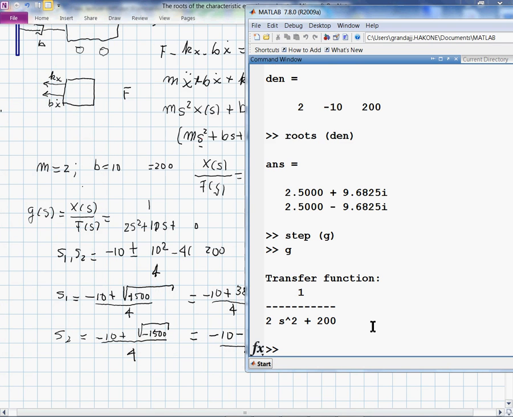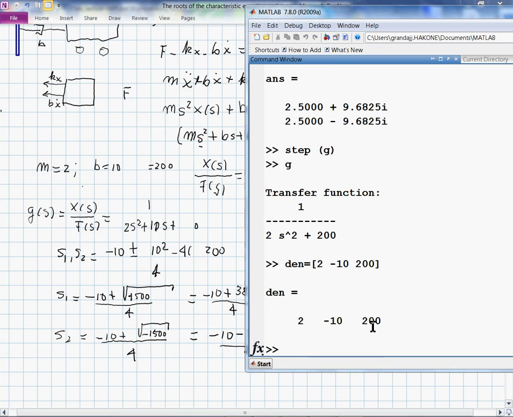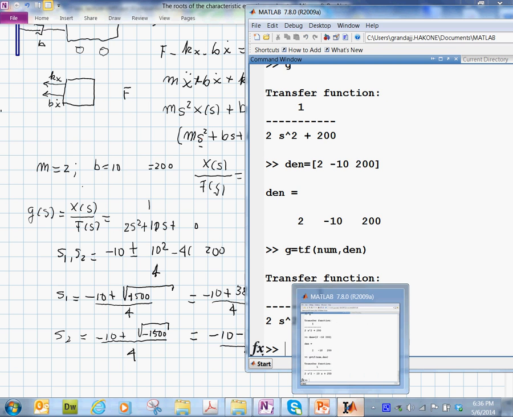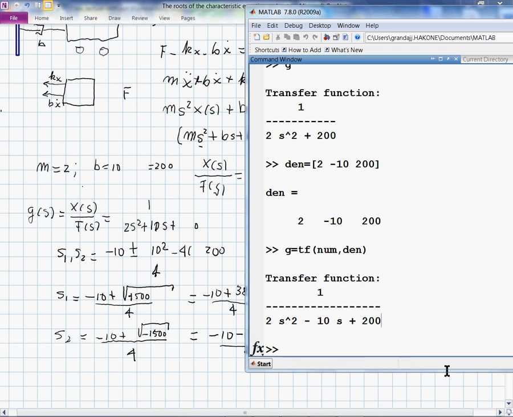Okay, sorry, I didn't do the change. This is the denominator, but I still needed to redefine the transfer function, and I didn't do that. Sorry, because we got the same plot. So there's the transfer function, as we see here with the minus sign, and we saw the roots in there. I'm going to say, tell me what the step response of this is.